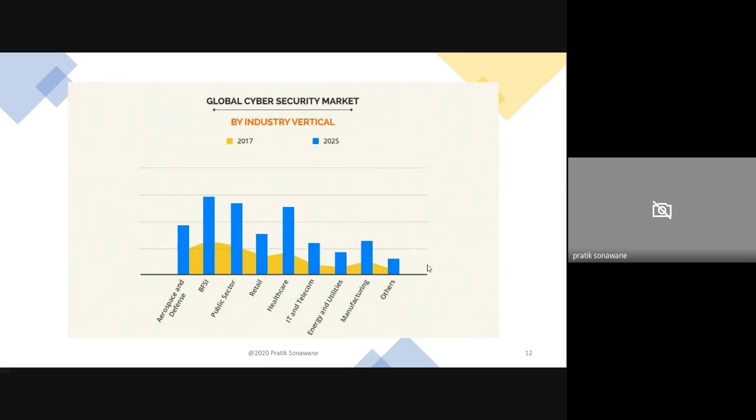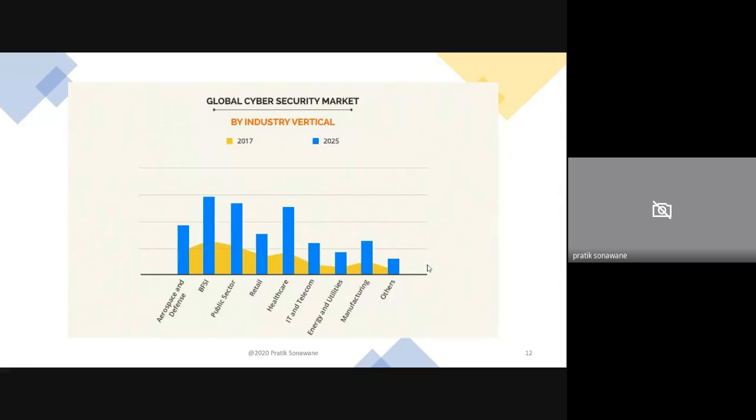Many of you might not go specifically to the BFSI sector, but to other industries also, healthcare, pharma, IT, telecom security, and things like that. So here you can see that breakup. All in all, they will be spending on cybersecurity.